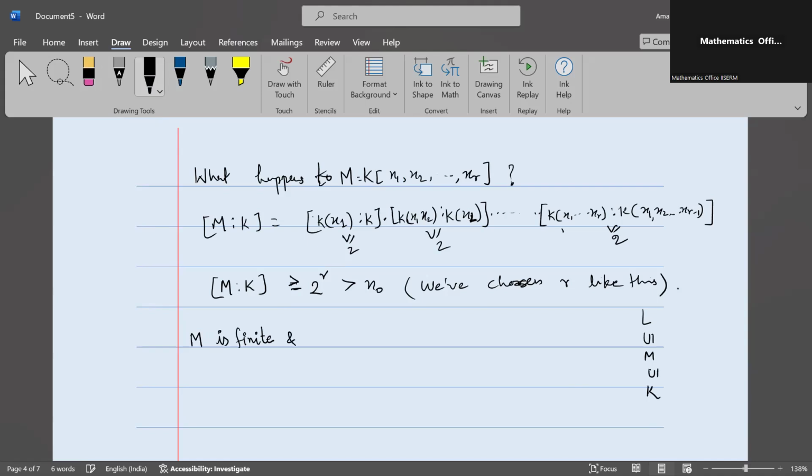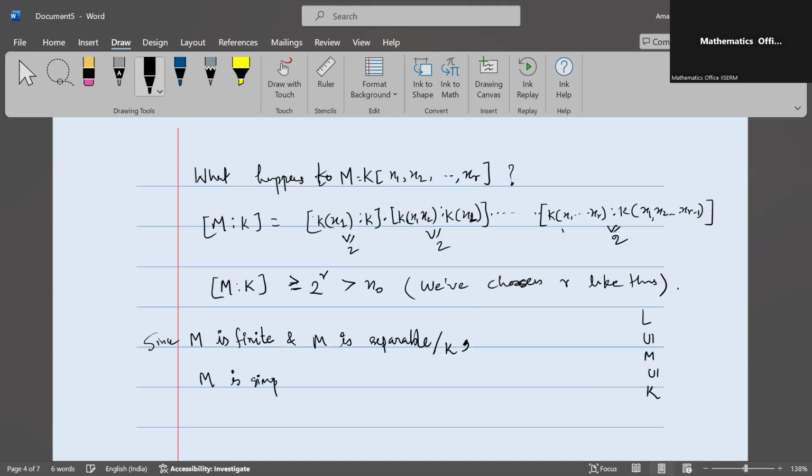And because L over K is separable, M over K is also separable. Okay, so finite and separable means M is a simple field extension.